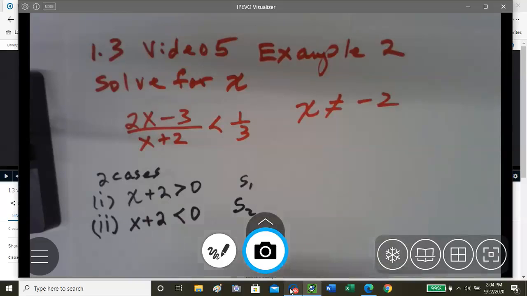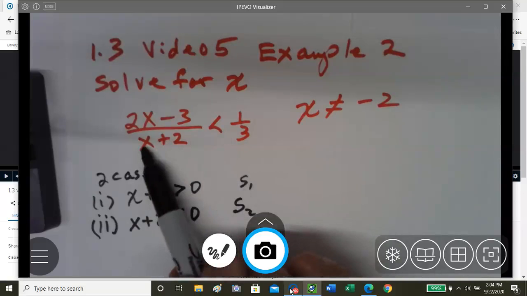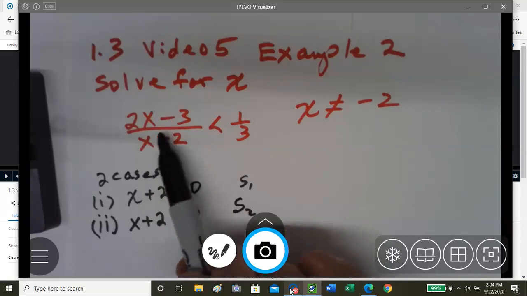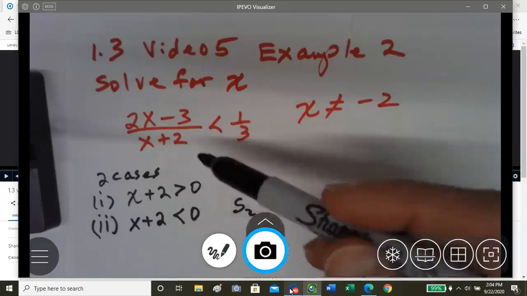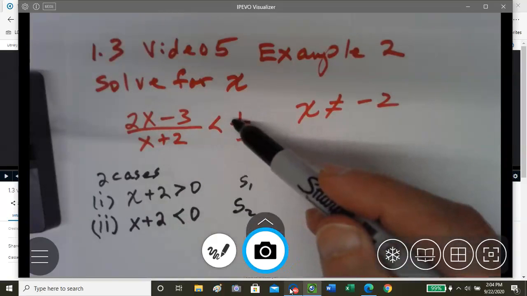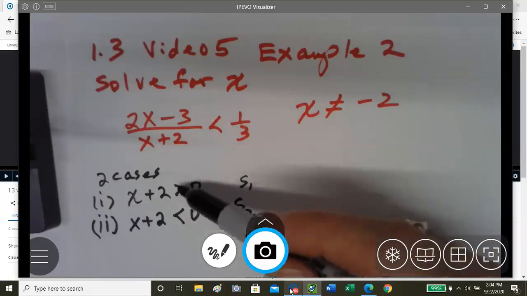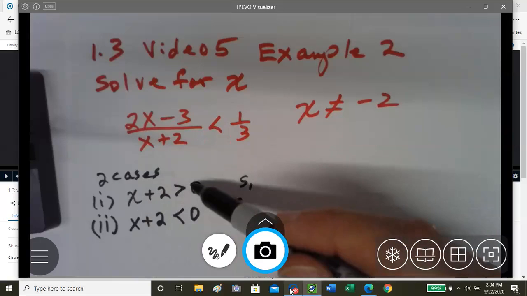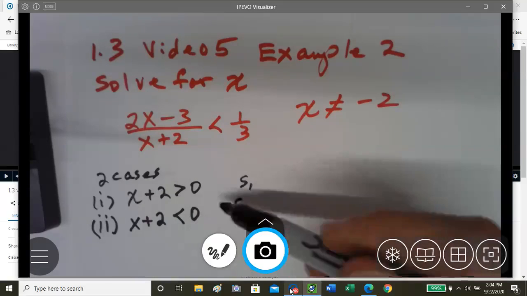So since we don't know what x is, we don't know if that inequality sign is going to switch or not. So we have to establish the denominator, because that's what's being multiplied, and that's what could affect the inequality sign. We put the denominator positive for case 1, and negative for case 2.